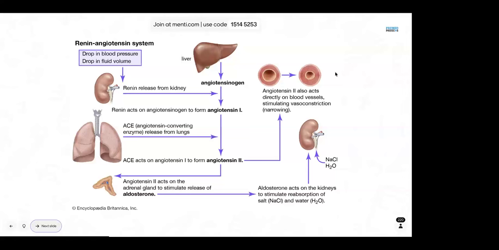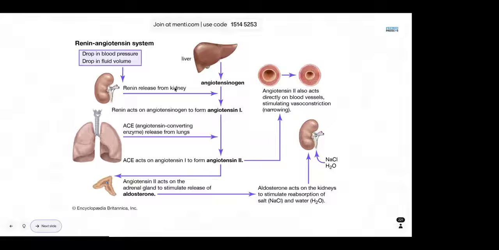So this is basically showing how the kidneys regulate blood pressure. The kidneys will detect a drop in blood pressure, and they will also detect a drop in volume. The way they do this is they have these sensors in the nephrons. And when that happens, the kidneys release this substance called renin.